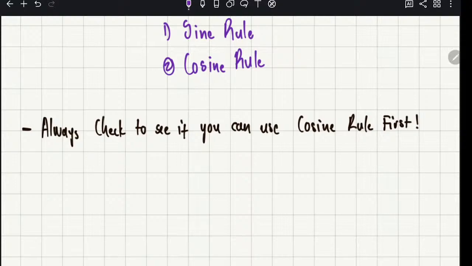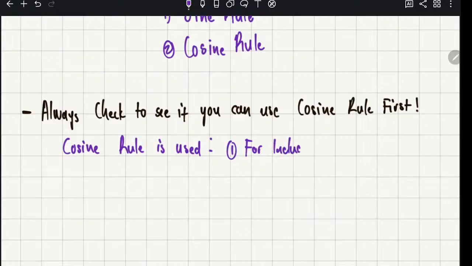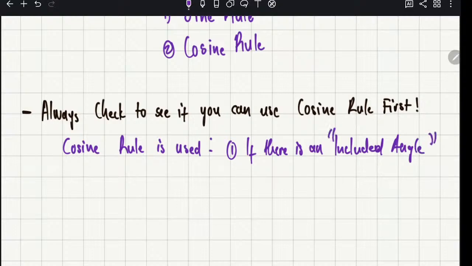Right. And write for me this. Cosine rule is used: one, for an included angle, or say, if there is an included angle. We're going to talk about it.